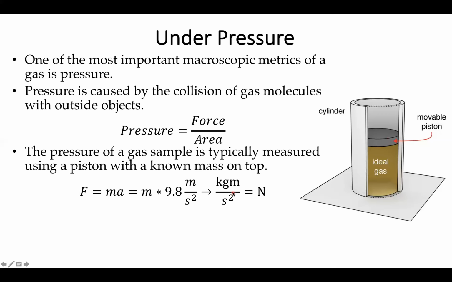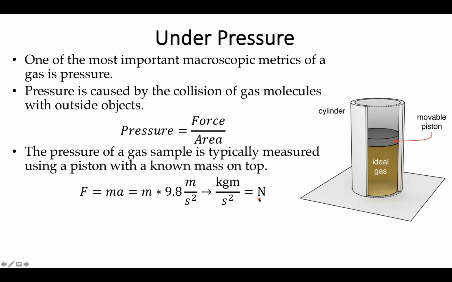So in this case, the acceleration of that stationary mass would be 9.8 meters per second squared. So you can convert that mass into a force with units of kilograms meters per second squared. This specific unit is also known as a Newton.